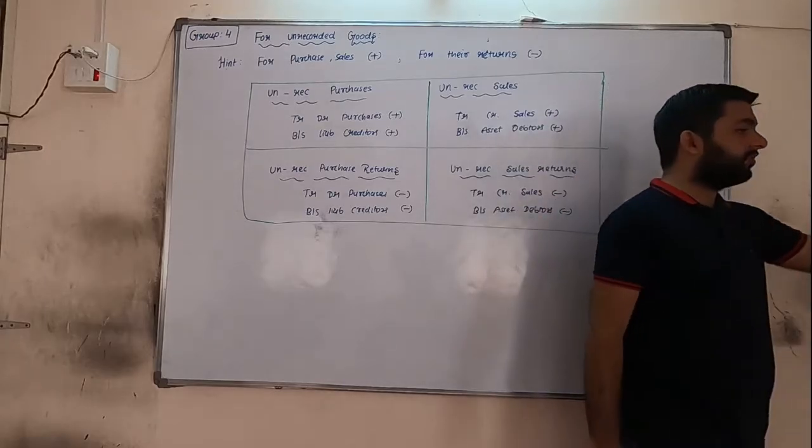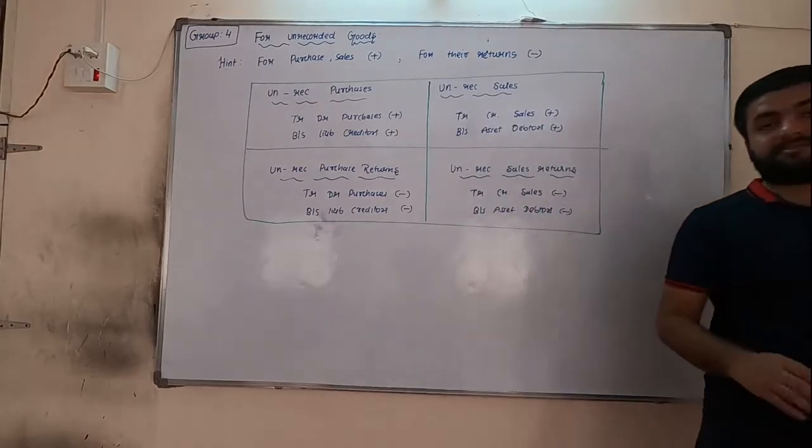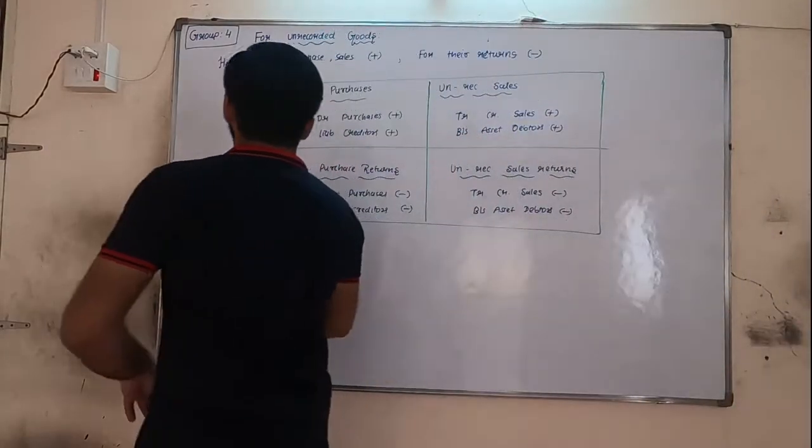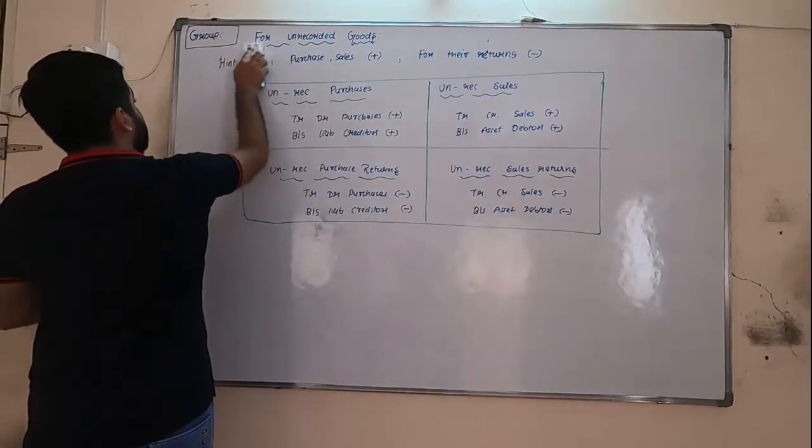Now we are going for group 5, which is about rectification of goods. Also related to goods only, but it is related to rectification.